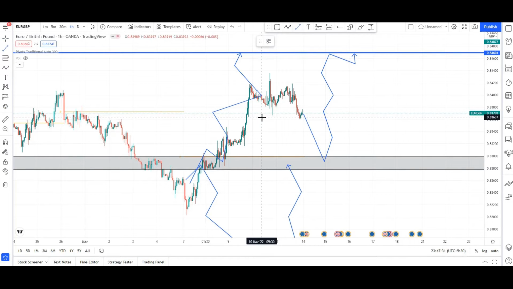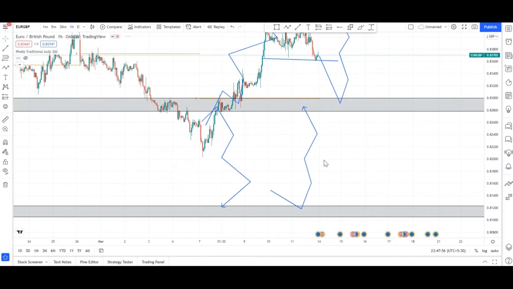And if it breaks this line, I will just draw it down. If it breaks this line or somewhere this low, this low is broken, this line's low is broken, then you can surely go up till your first target.